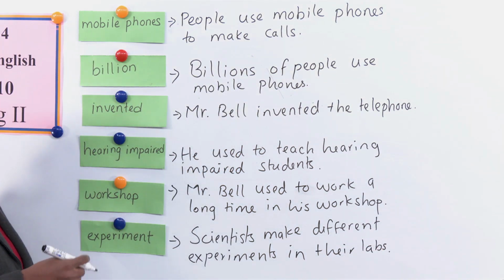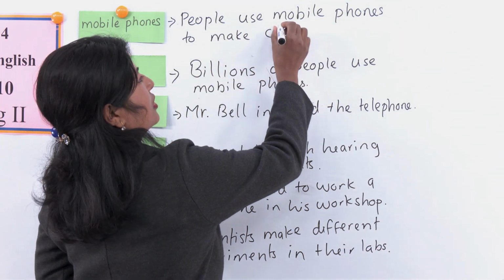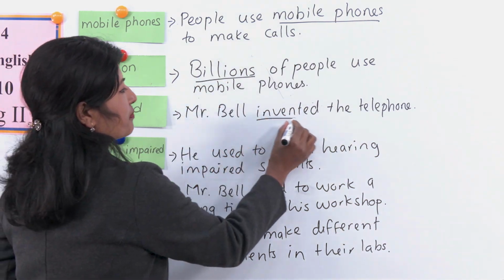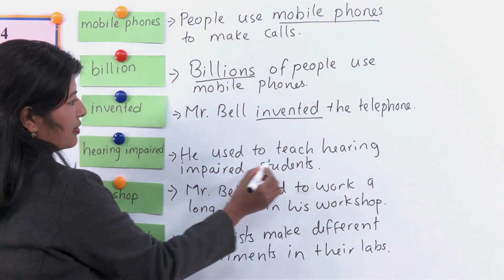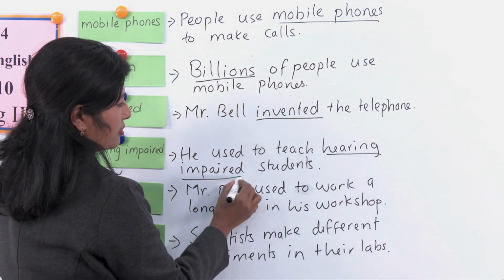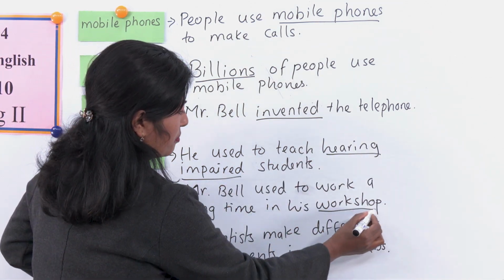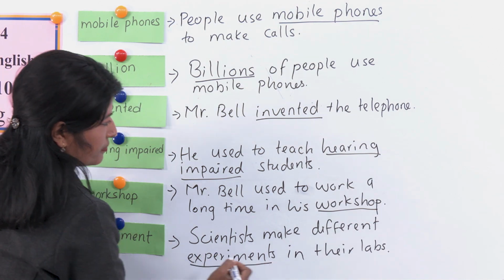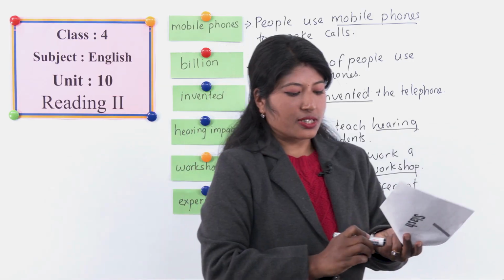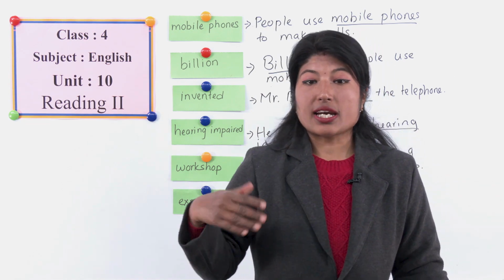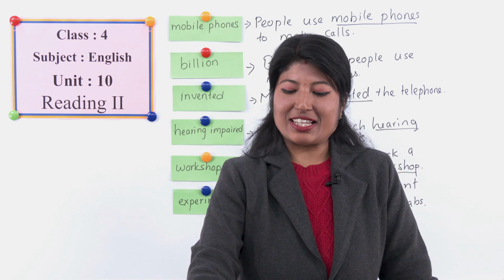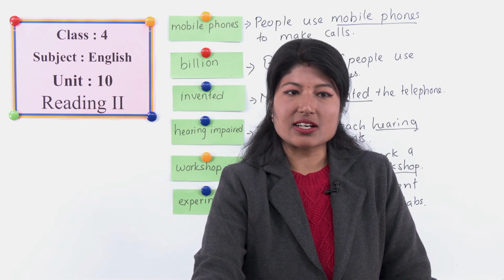Okay, so we can use words in the sentences, and that makes meaning clear, right? Here, this one, workshop, and then finally experiments. So this is how we can do. You can use it in your sentences of your own. Now let's move to next exercise.